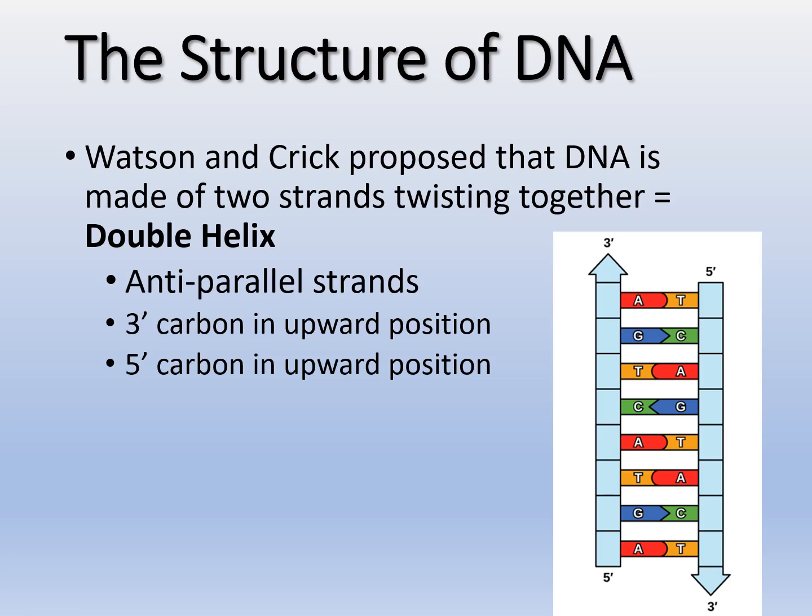If you have one going in the upward position, 5' to 3', that one's going left to right, you can think of it. And then the other one is going in the downward position, so you have the 5' to 3' going downward in this picture.